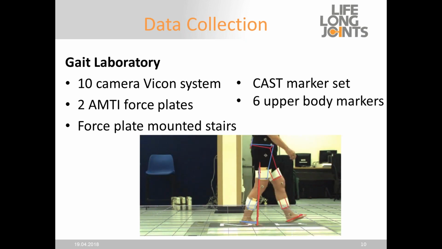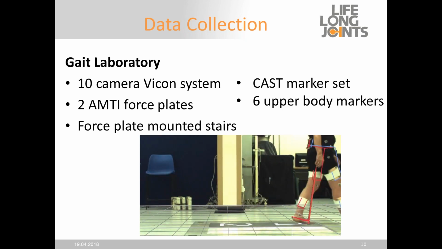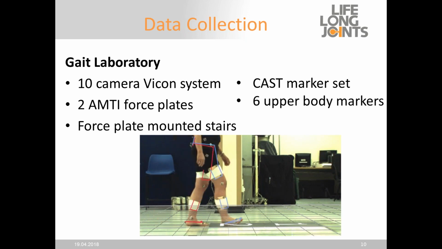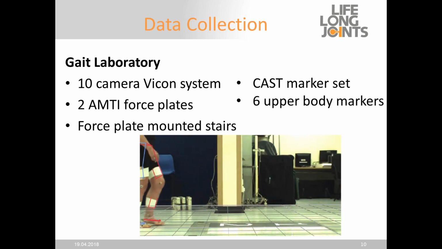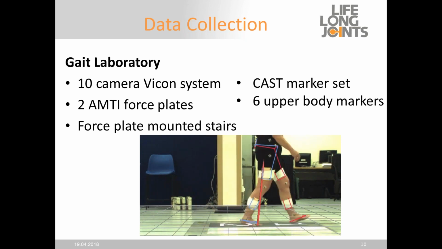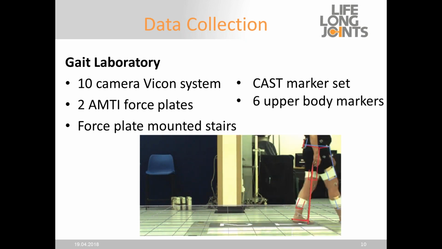And in this particular model, we also used an extra 6 upper body markers, mainly placed on the acromion processes, the sternoclavicular joint, and some of the spinous processes of some of the vertebrae. And this was mainly to help drive the AnyBody model for the future processing.